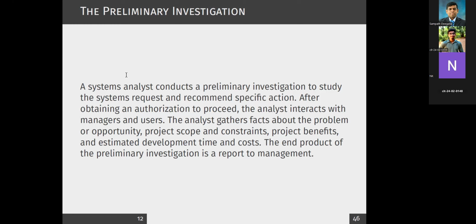Ideally, when you have a request, you get authorization, ideally from top management, to proceed with developing the information system. Then the analyst has to interact with managers and users and gather facts about the problem, opportunity, project scope, constraints, project benefits, estimated development time, and costs. And after analyzing all these, the analyst has to report to the management.